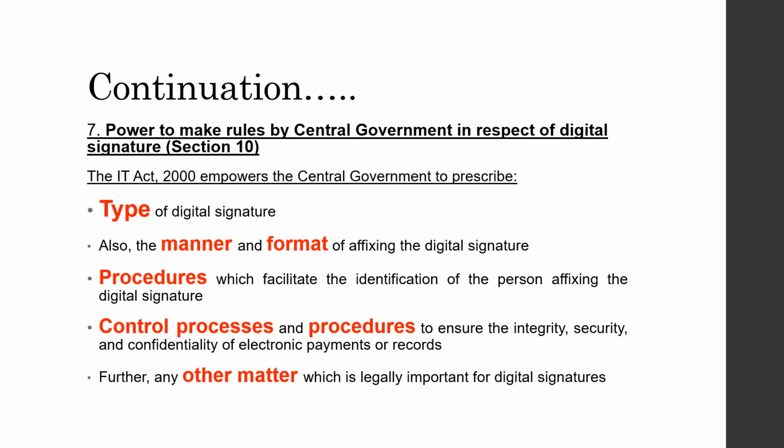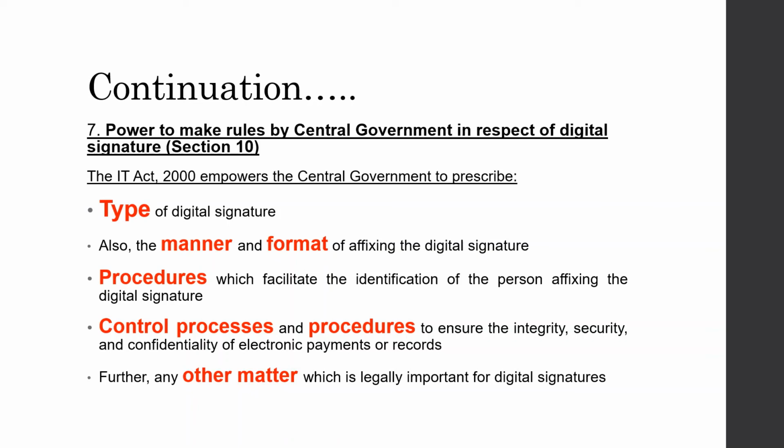First of all, the type of DSC, type of digital signature can be decided by CG. Also the manner and format, how you will affix the digital signature, rules can be made by CG.